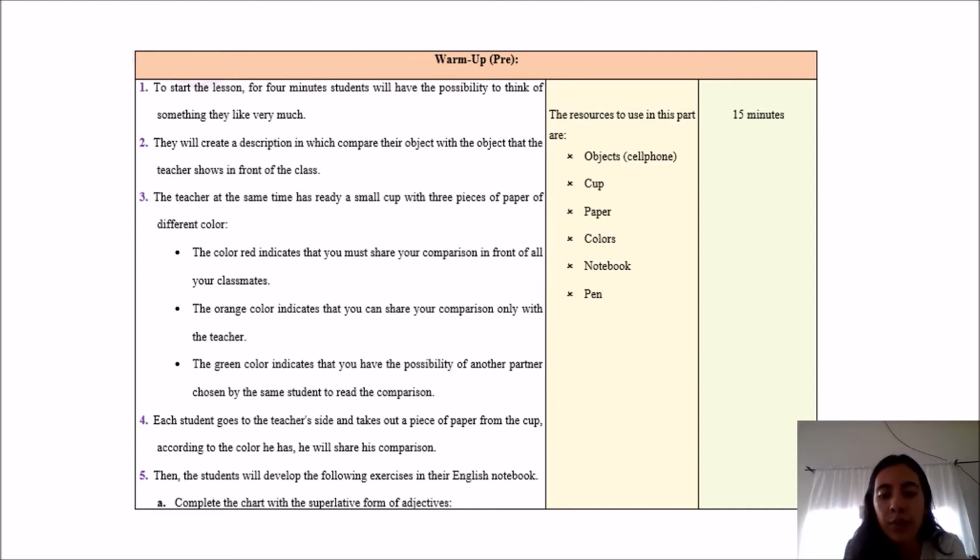Okay, here we have the warm-up, that is about 15 minutes to introduce the subject in a didactic way, since the students are already adults and a little more serious. The game we designed tries to take into account their likes, and thus get them out of the routine and go beyond just using the computer.